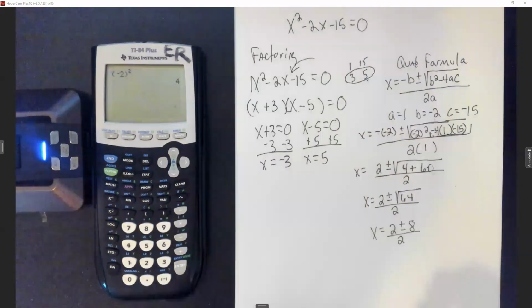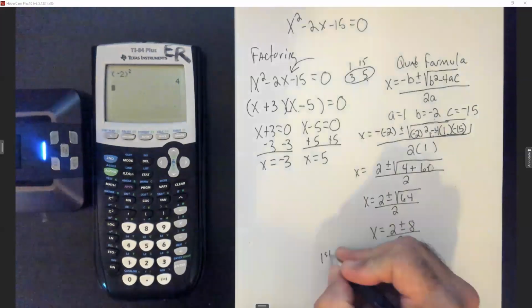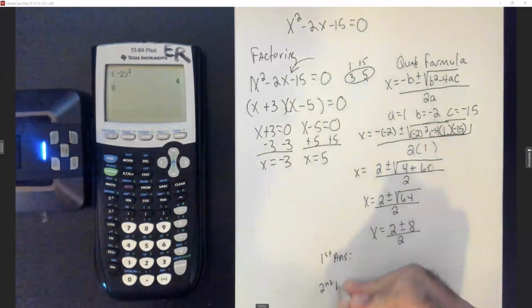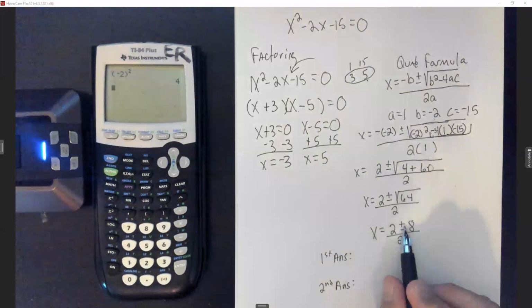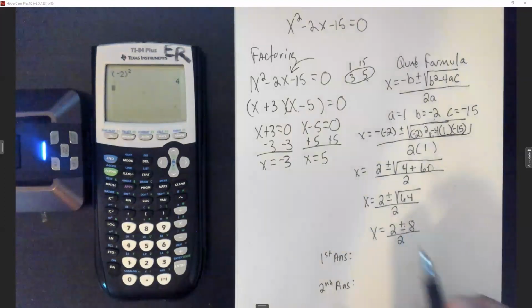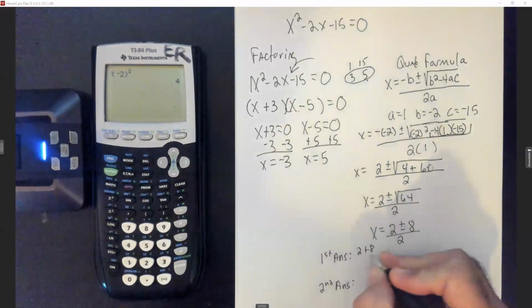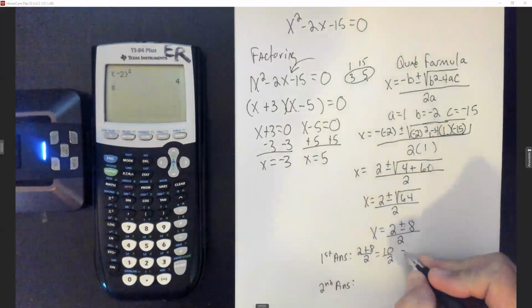So I'm at the point now where I'm going to get the 2 answers. So the first answer, and then I'll get the second answer. So to get the first answer, you would use the plus and add the top. So you would have 2 plus 8 divided by 2, which will be 10 divided by 2, which will give me 5.